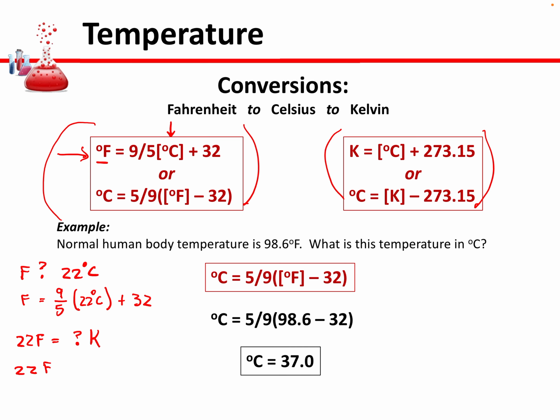Then all you do is subtract, and then I take what I got and then add. You get a negative number. Remember your order of operations. You got to subtract first.